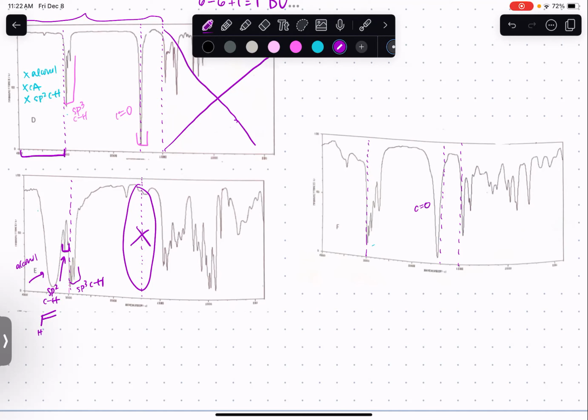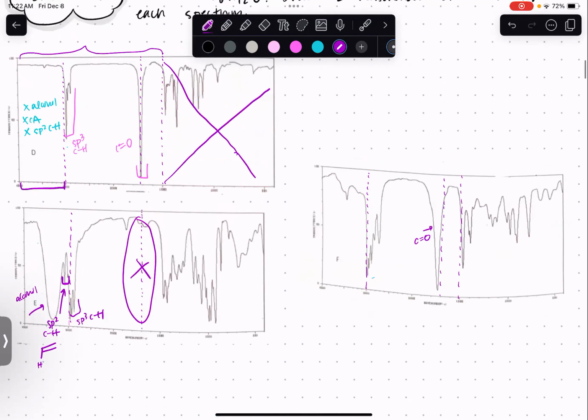So we've got that carbonyl stretch here. And then if we compare this stretch below 3000 to this one, we notice that this one is a lot bigger. And that's indicative that this is actually going to be an sp3 carbon hydrogen, right next to that aldehyde.